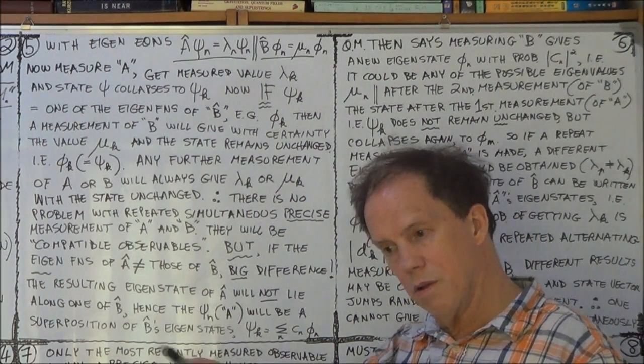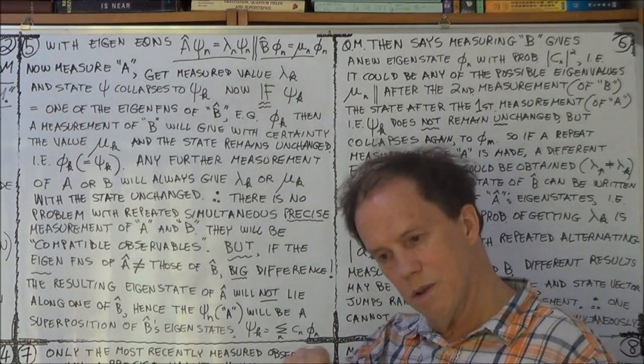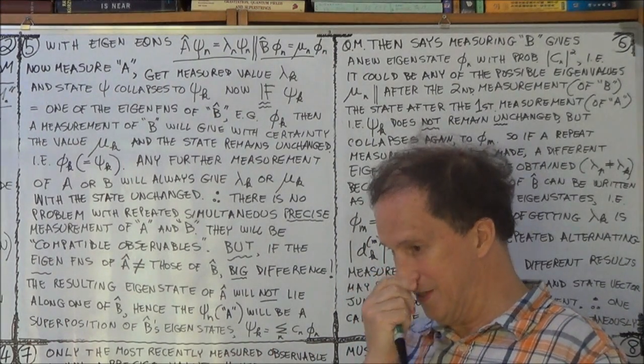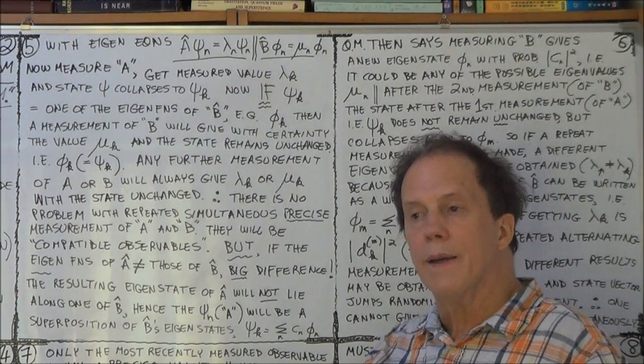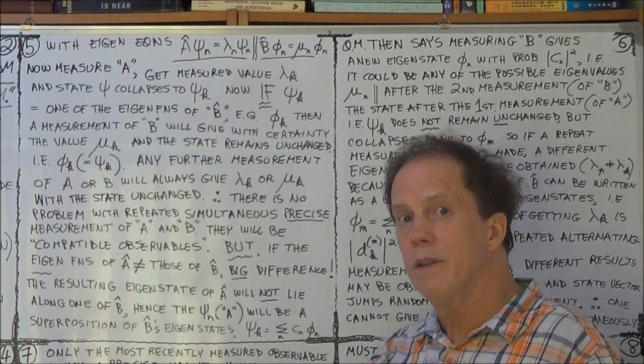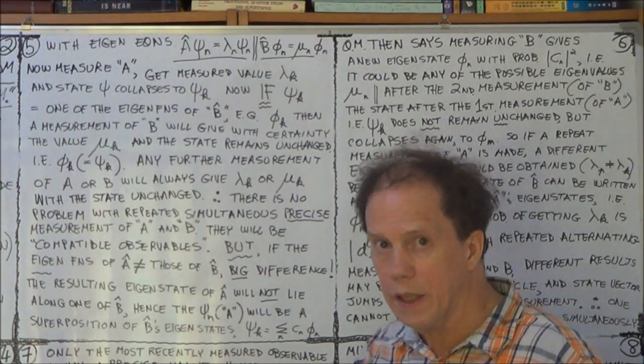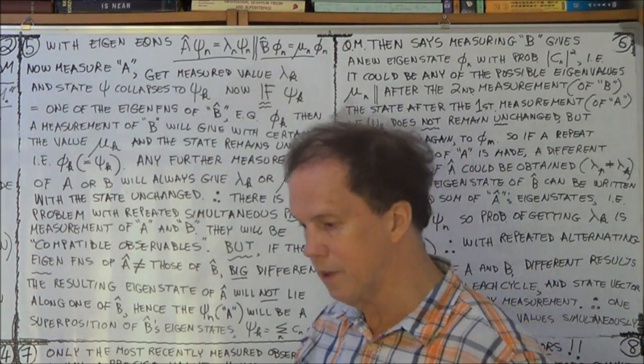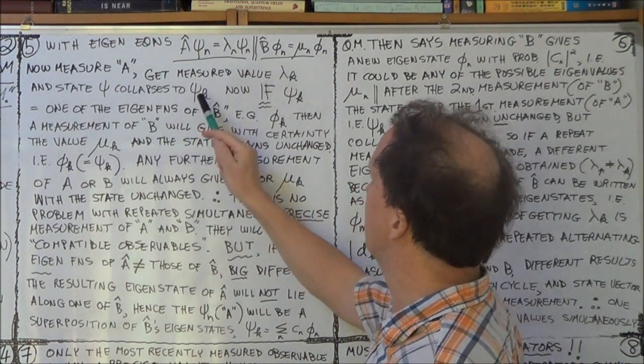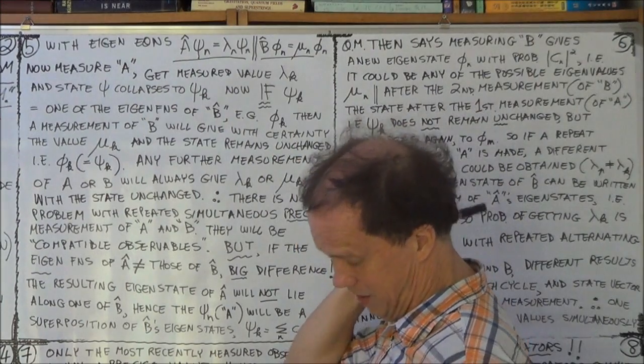I hope you followed that logic. It's a multi-step logic, but now we've got a criterion for compatibility. It's just when this equals that.